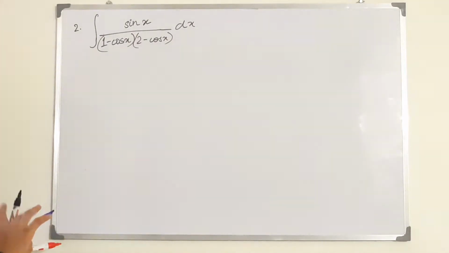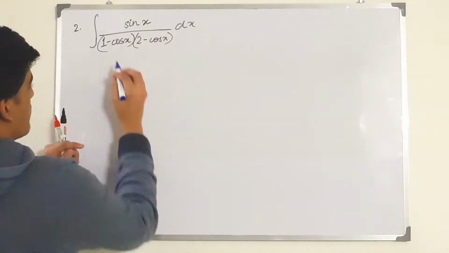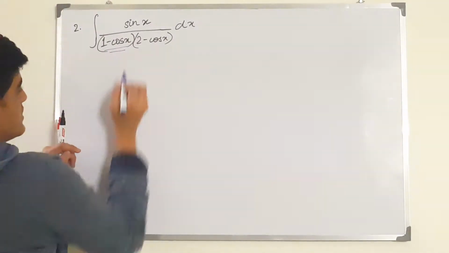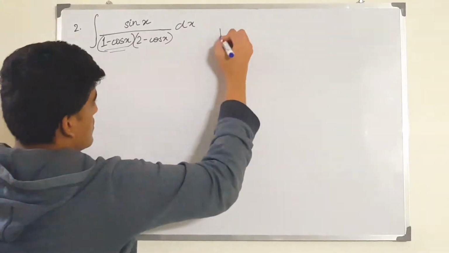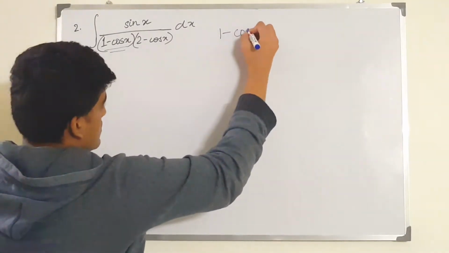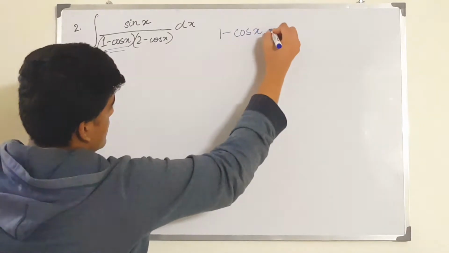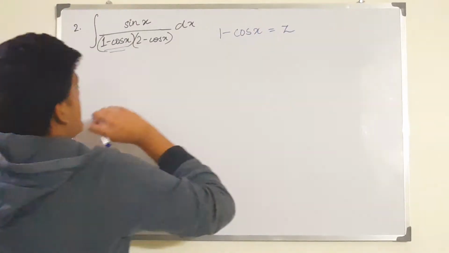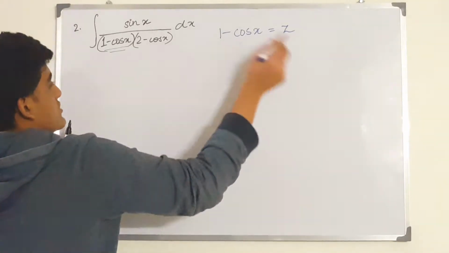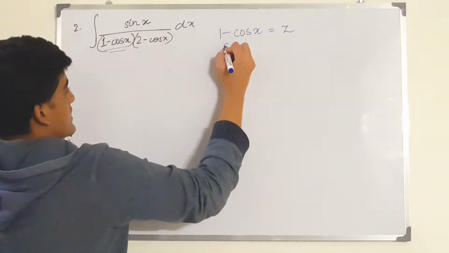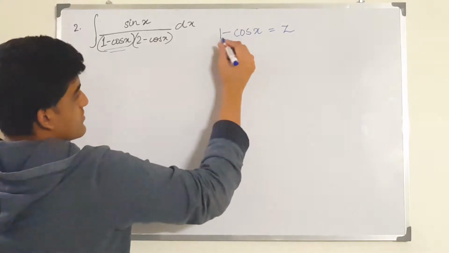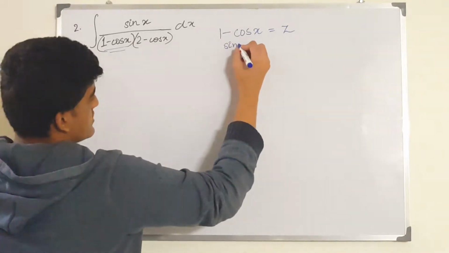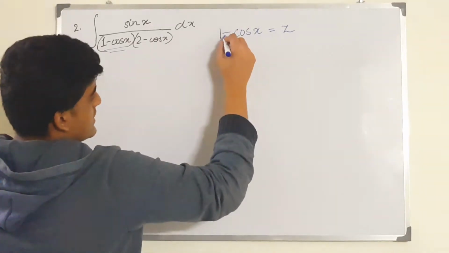What I'm going to do is, I'm going to take 1 minus cos x as a variable. Let's say z. And when I differentiate both sides, I get sin x dx, since the differentiation of 1 is 0, and minus cos x.